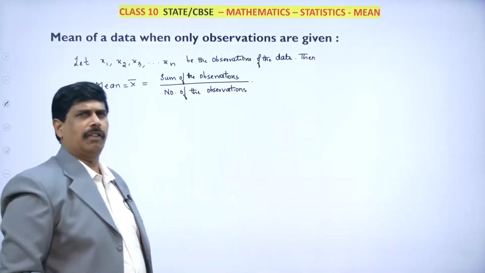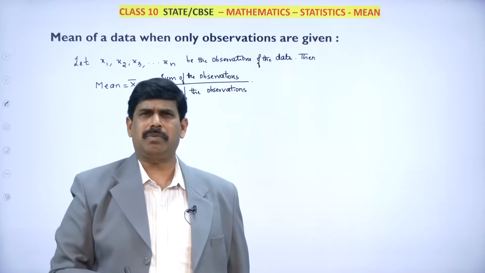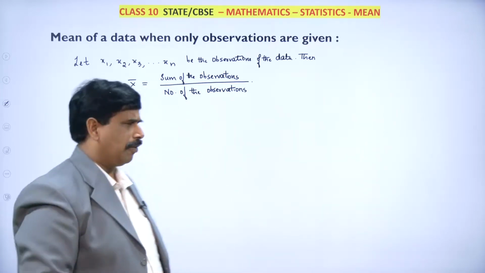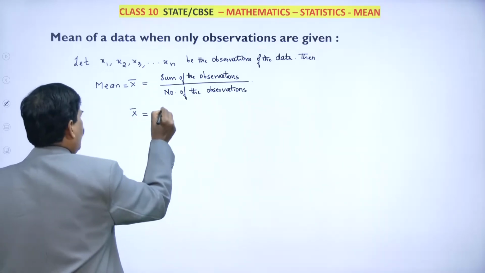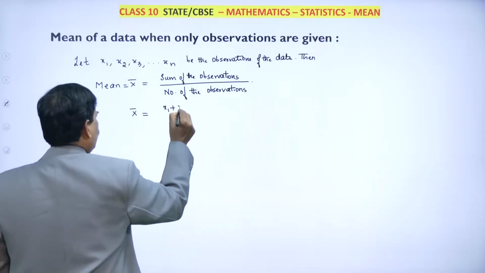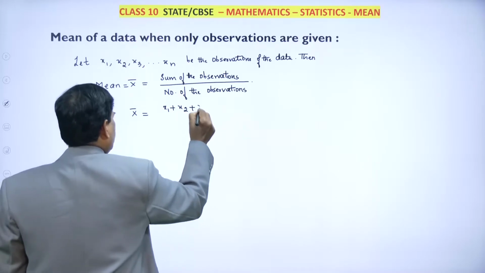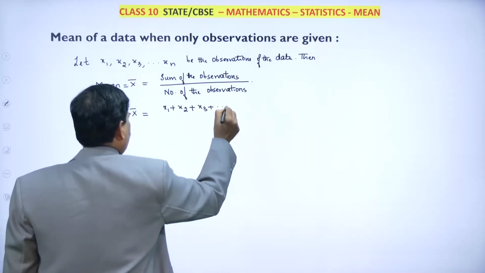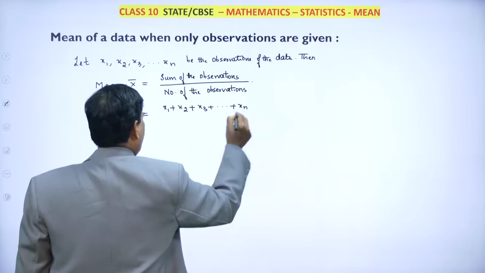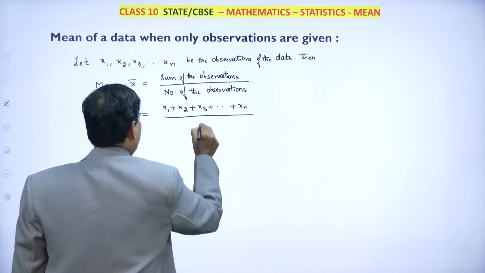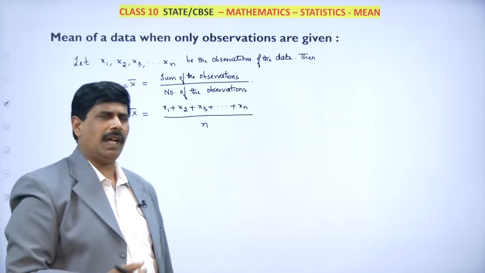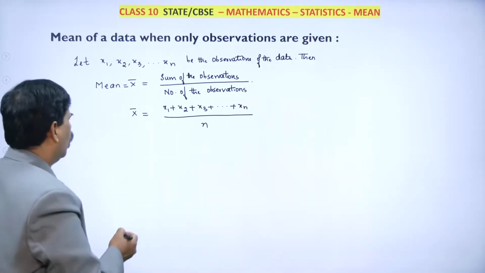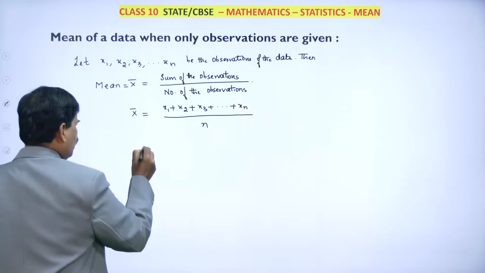Mean x bar is equal to sum of the observations by number of observations. That means x bar is equal to x1 plus x2 plus x3 plus so on xn by how many observations, children? N observations. How many observations we have? We have n observations.